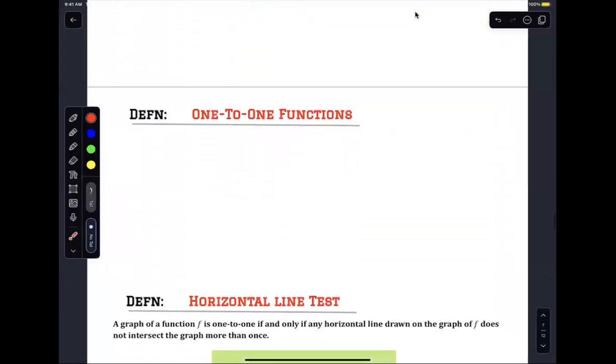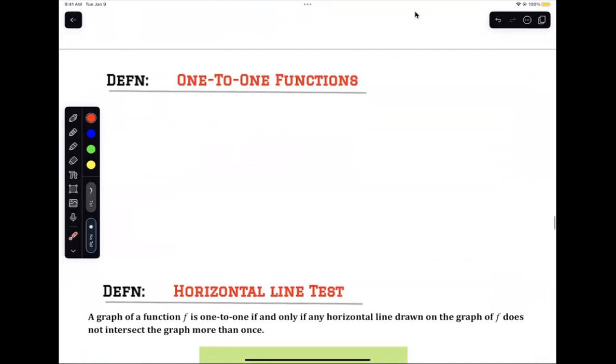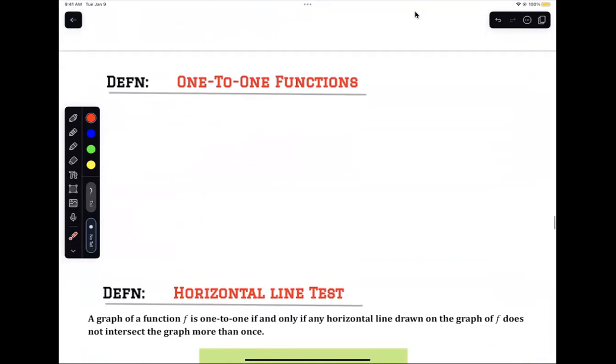All right, definition, one-to-one functions. So this definition did come up last year in Math 3, but I'm going to give it to you guys again. So to have an inverse function, because some functions don't, a function must be one-to-one.